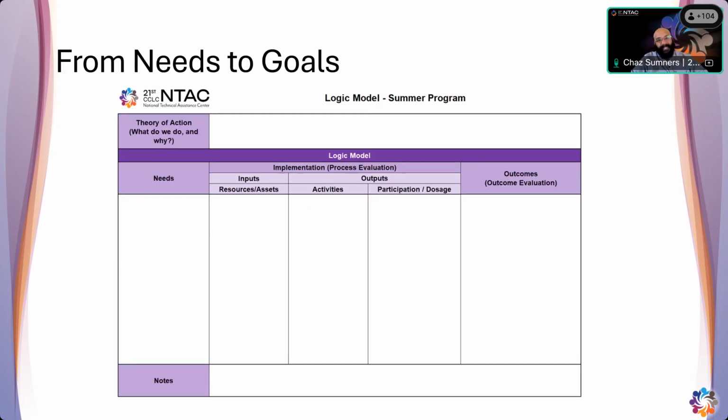So your needs assessment tells you what matters most right now for your students and your families. It covers their academic needs, but it also covers their voice, right? And when we say their voice, we mean their interests and their values, right? The things that are important to them. And your outcomes are the change you hope to see in your students.